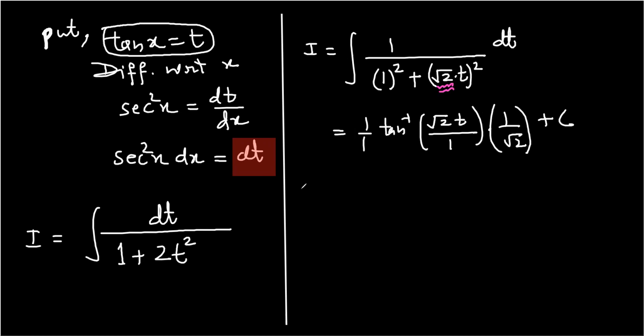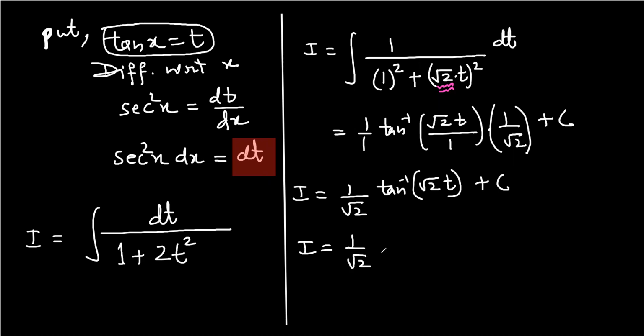So I get I equals 1 over root 2 tan inverse of root 2t plus c. And what is t? T is tan x. So I have I equals 1 over root 2 tan inverse of root 2 tan x plus c.